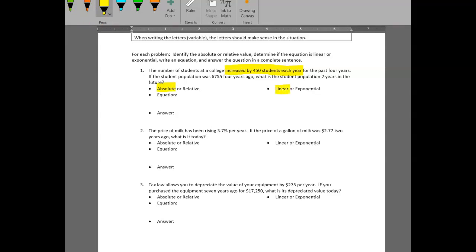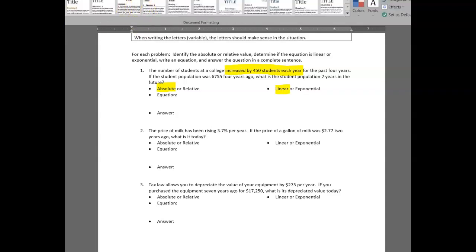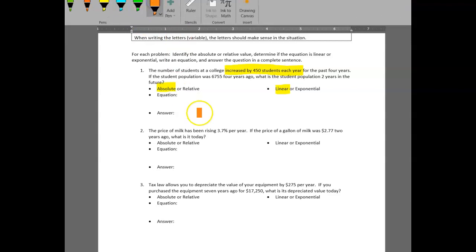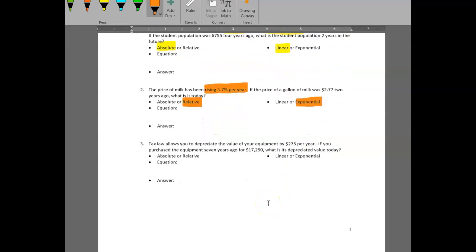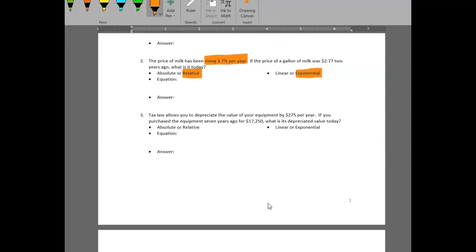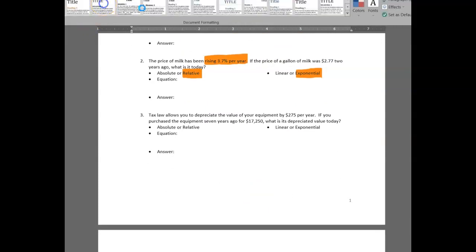Number 2, the price of milk has been rising by 3.7% each year. So this time we have rising by 3.7% each year. Since this is a percent increase, we have a relative or an exponential situation. If we look at number 3, this time it is depreciation.